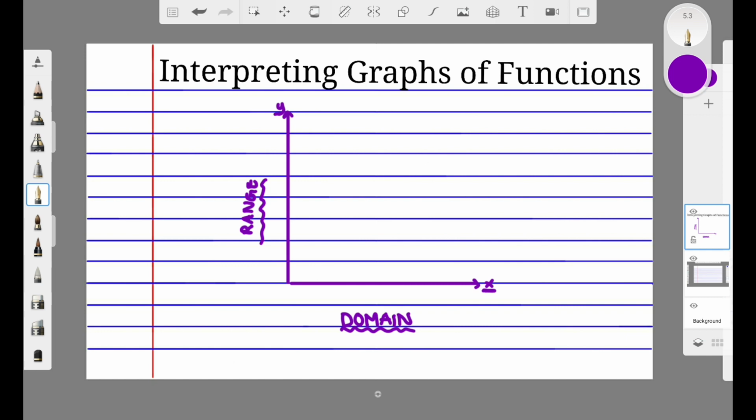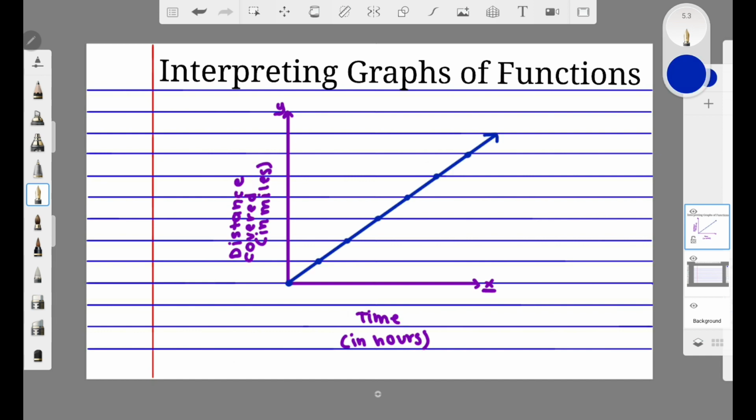If we're given an actual situation, for example, this graph where the time is our domain or x values and the distance covered is the range values, the independent variable would be time, and the domain values are graphed along the x-axis, so the independent variable values will also be graphed along the x-axis.